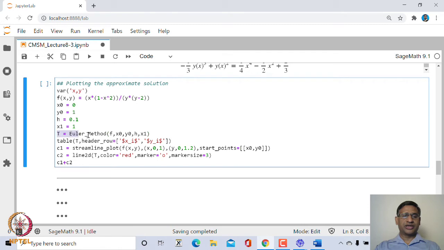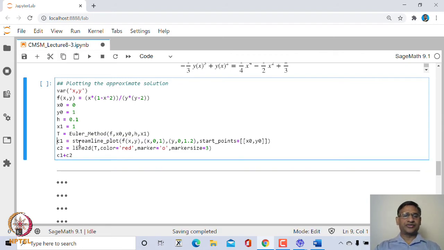So we are calling T the Euler_method, and then create a table of these values. This is at present not required, so let me get rid of this. C1 is the streamline plot, that is the solution curve, the integral curve. You can think of that as the solution obtained explicitly, and C2 is the plot of the set of points in the table T, with a marker as a dot, and marker size 3.